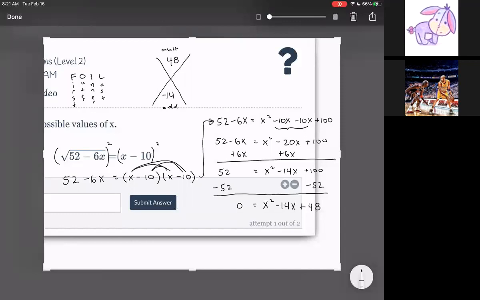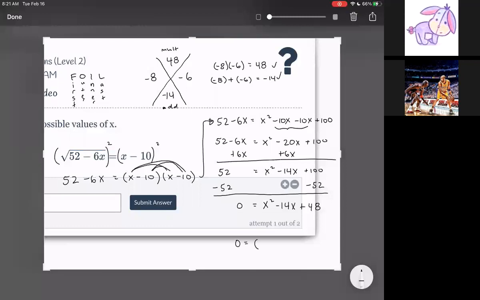All right, I can think of negative 8 and negative 6. Let's double check. Negative 8 multiplied by negative 6 does give us a positive 48. And negative 8 plus negative 6 does indeed give us negative 14. So it works for both of those. That means negative 8 and negative 6 are our answers.